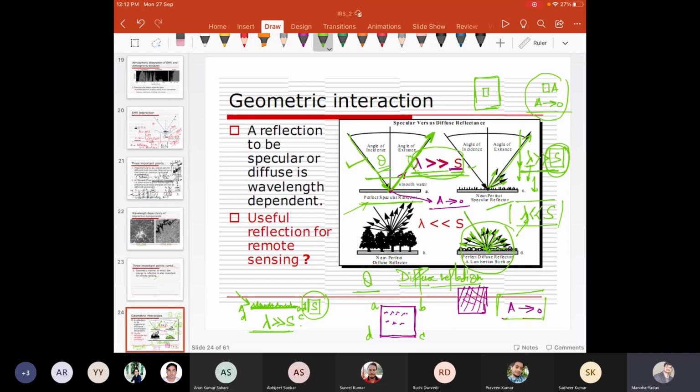So why are you giving weightage to the uniform distribution? Because, sir, with diffuse reflection we get more spectral information about the surface than with specular.